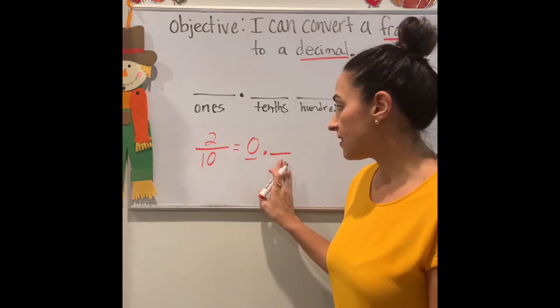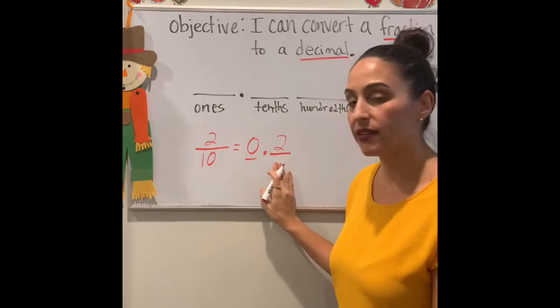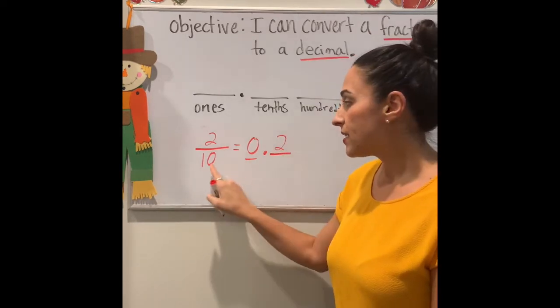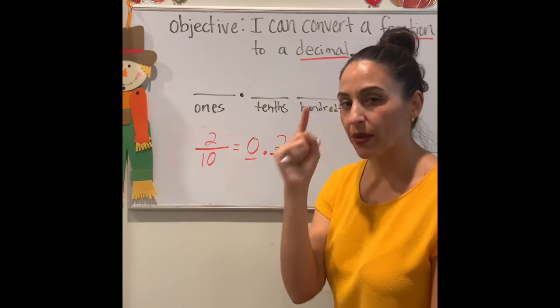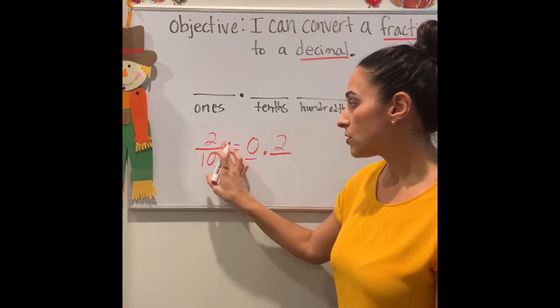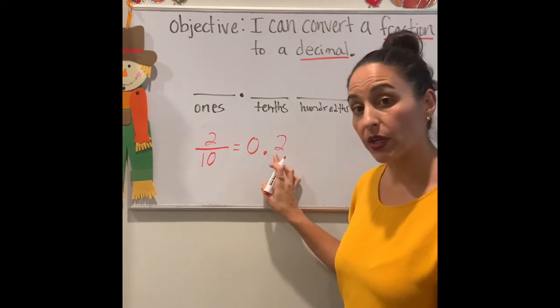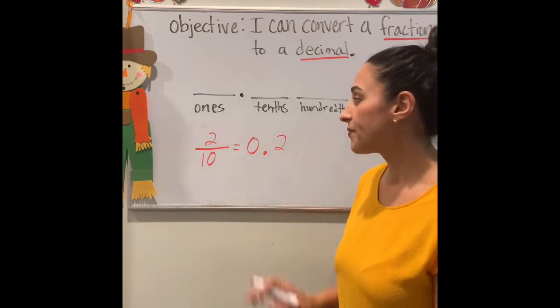So it says I have 2/10. I'm going to write 2 in the tenths place. 10 has a 1 and a 0, and I always remember that means one place after the decimal. So 2/10 is equal to 0.2, or we call this 2 tenths.